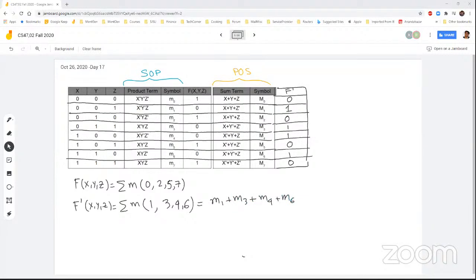And now by De Morgan, I can say that this is M1 bar, M3 bar, M4 bar, M6 bar, whole bar, right? This is by De Morgan.